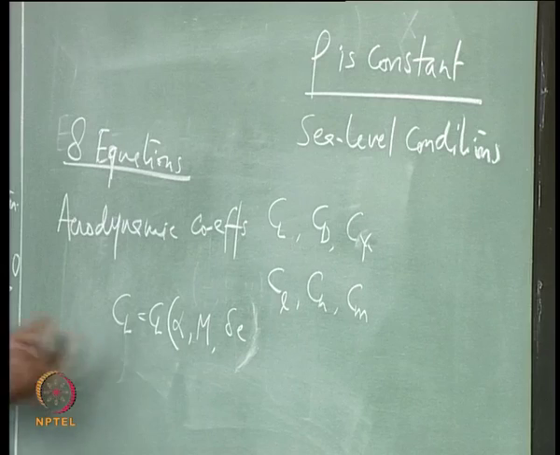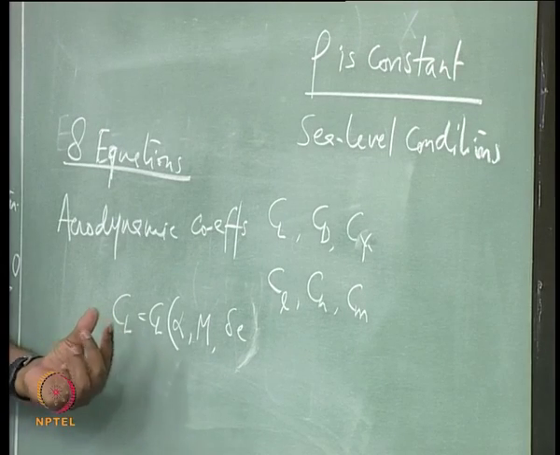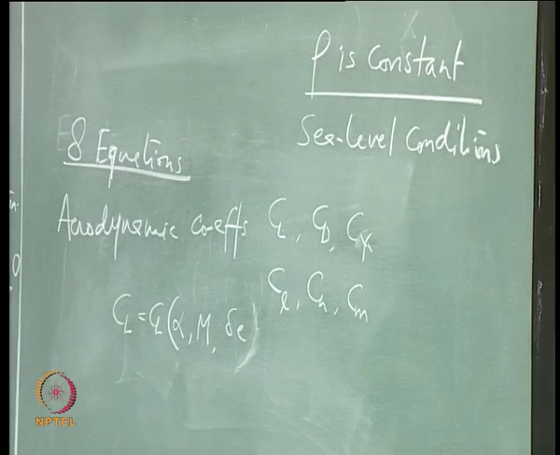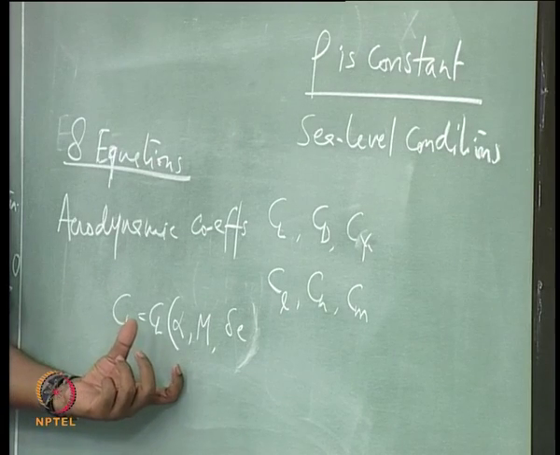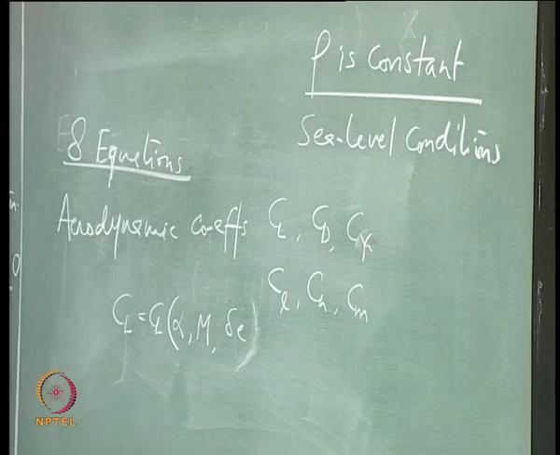So, we know that CL is linearly varying with respect to alpha in the pre-stall region, right, but beyond that it is not going to be a linear function of alpha. So, it is becoming non-linear, right.